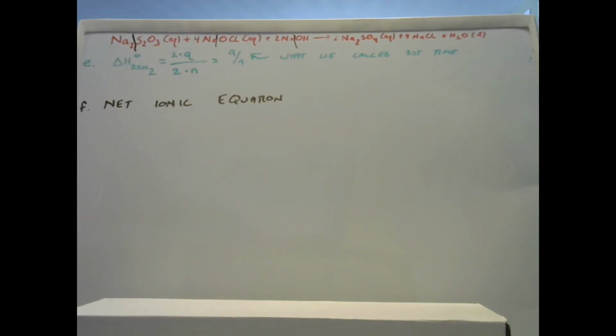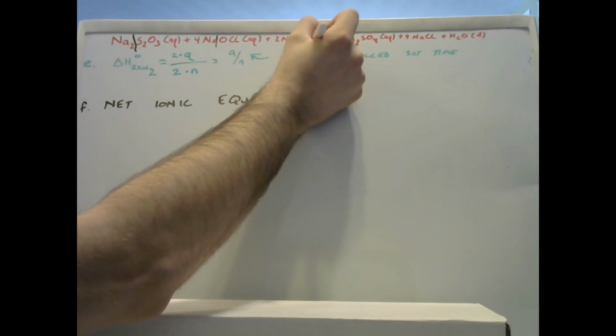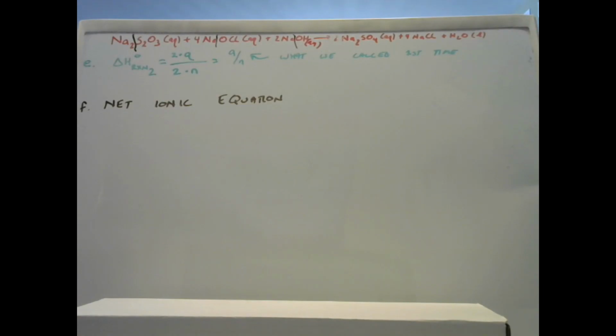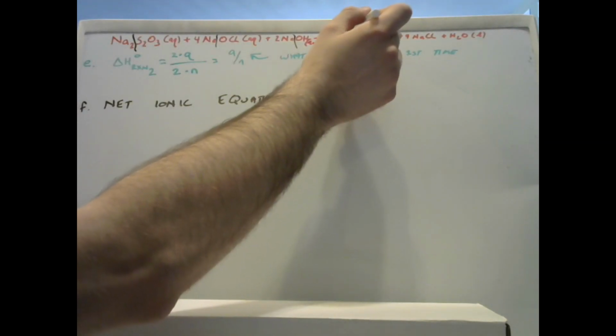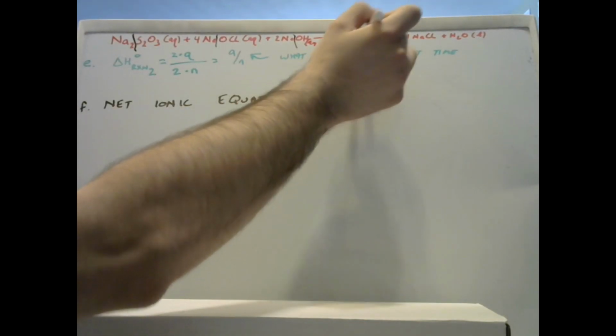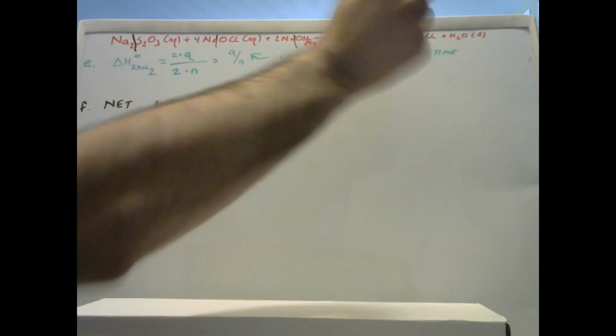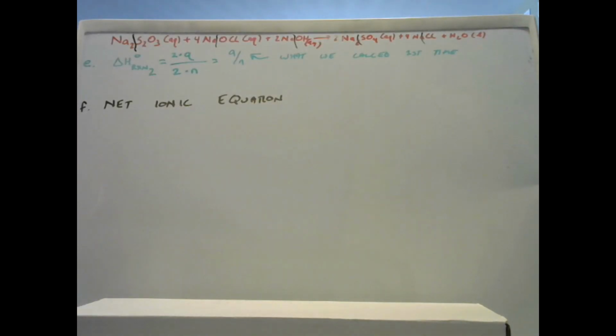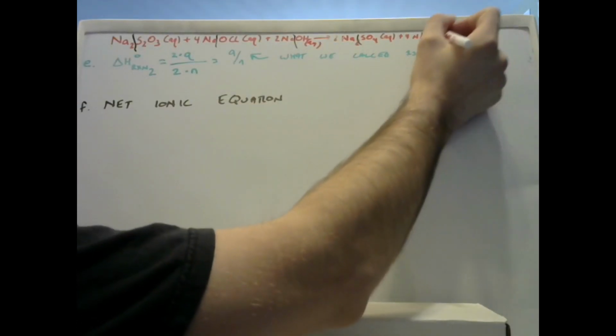NaOH will split. I forgot the aq tag on that. I'm so sorry. So will the sodium sulfate and the sodium chloride. The only thing that doesn't split is the water because it's not aqueous. It is just a liquid. It stays right as it is.